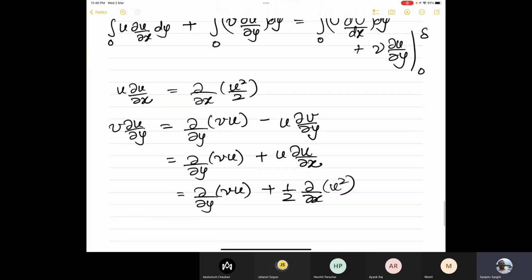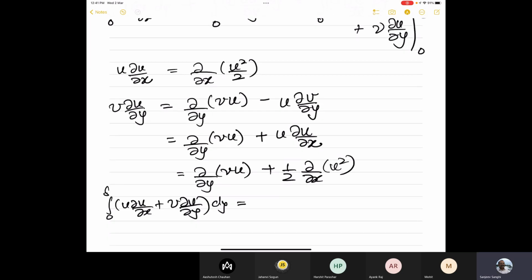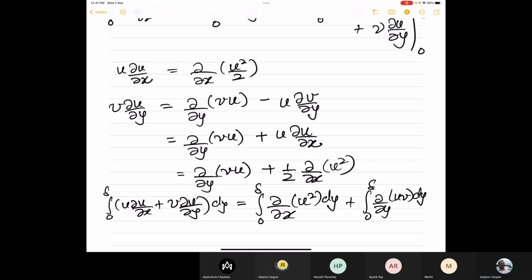So once I combine these two, integral 0 to delta u ∂u/∂x plus v ∂u/∂y dy, this becomes equal to integral 0 to delta partial by partial x of u squared dy plus integral from 0 to delta ∂/∂y of u times v dy. Okay.